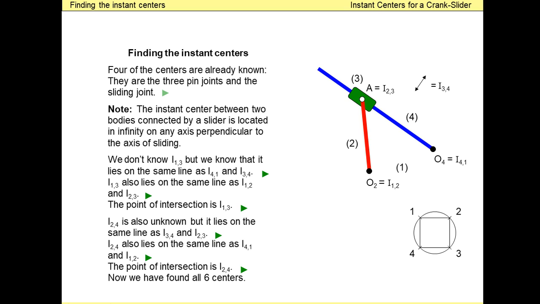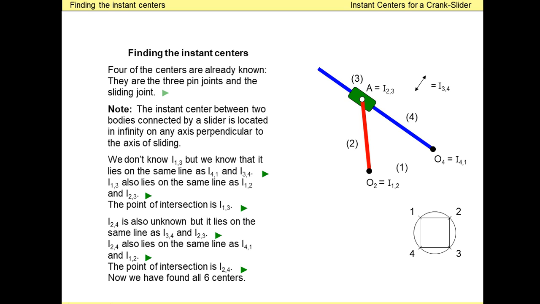Similarly, I24 is another instantaneous center, which lies on the line joining I23 and I34 and the line joining I12 and I14.